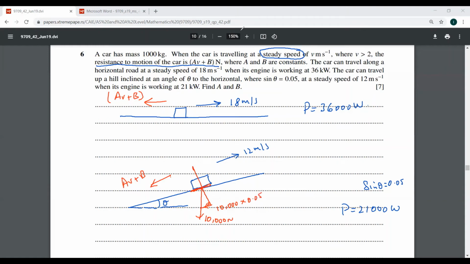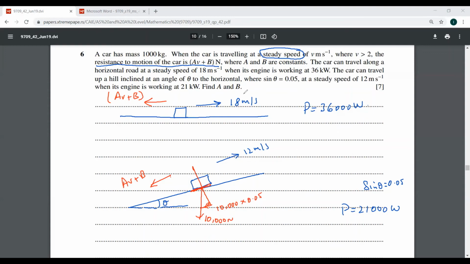Okay, so guys, let's solve this now. There are two unknowns, A and B, to be calculated. So there is always a hint coming in your mind that we might have two equations and then we'll have to solve those two equations simultaneously. The steady speed is telling us that the forward force is equal to the backward force.